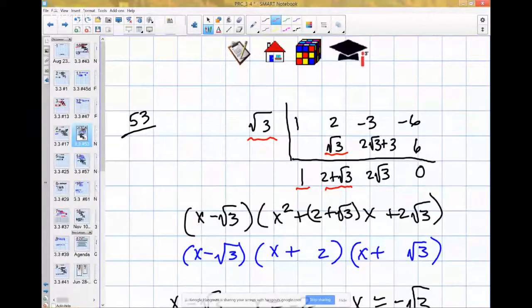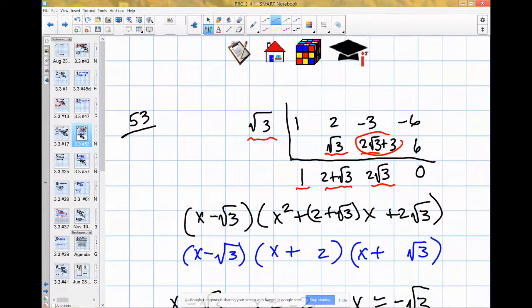So the square root of 3 times 2, that's 2 times the square root of 3. And then plus, what's the square root of 3 times square root of 3? 3. All right. Add. Well, a nice thing happens. Negative 3 plus 3 drops out, and all I have left is 2 times the square root of 3.